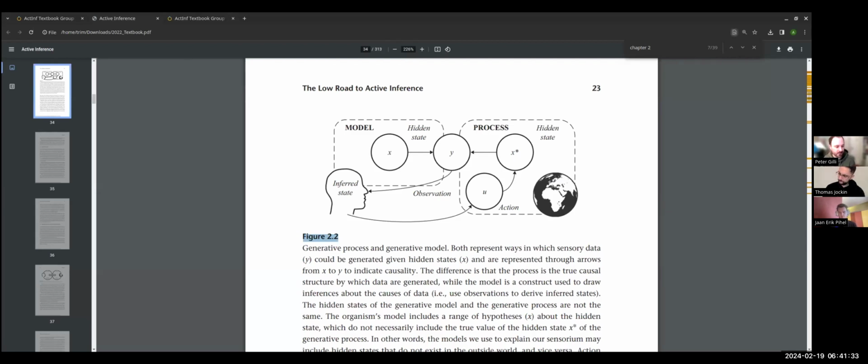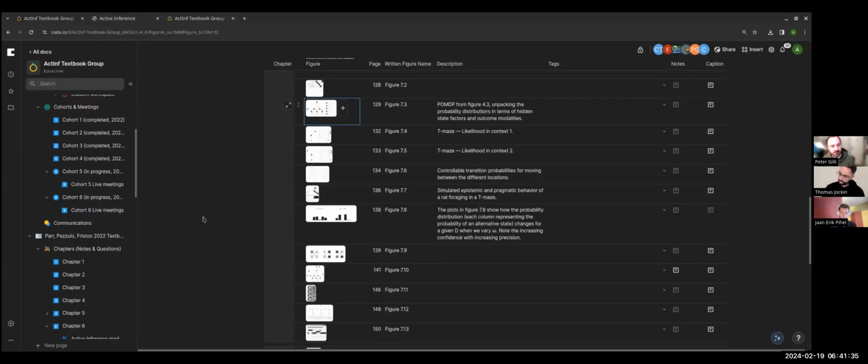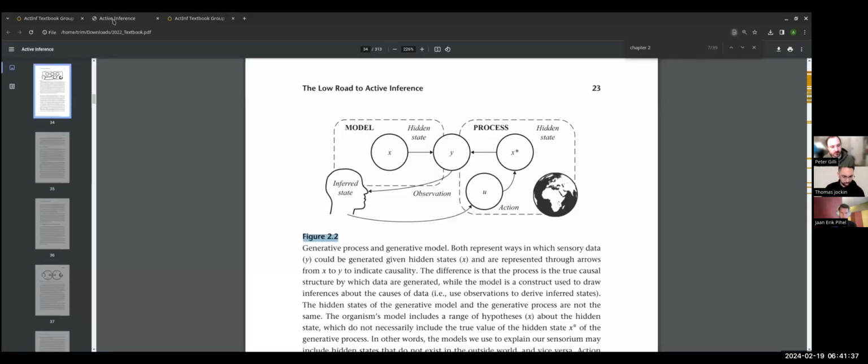So here, the X as hidden state in the generative model is actually the inferred hidden state of the true value of the hidden state in the generative process. I'm not sure if it's helpful or not, but I'll add a few more pieces.